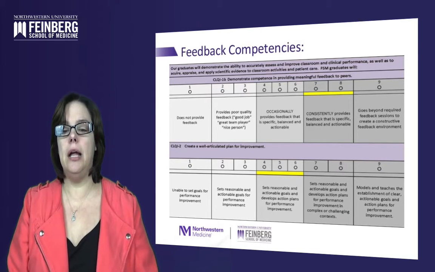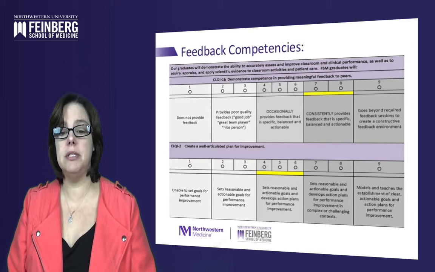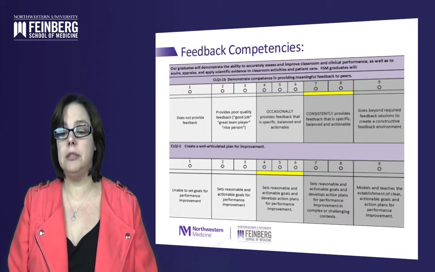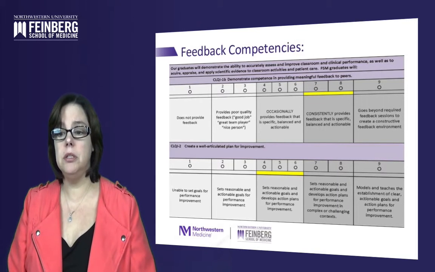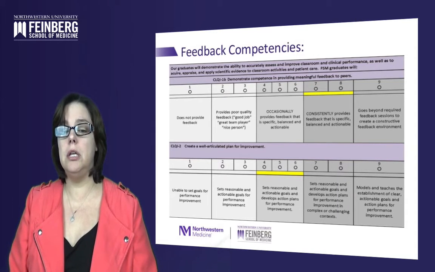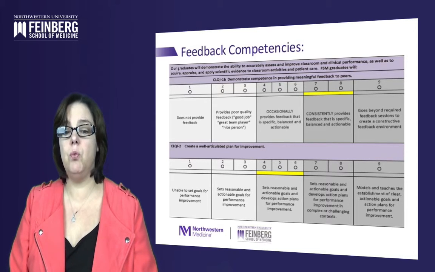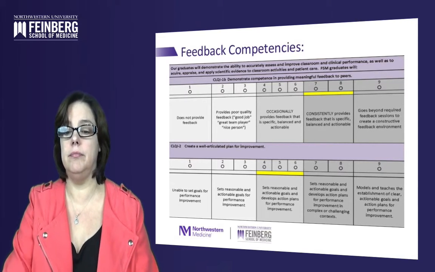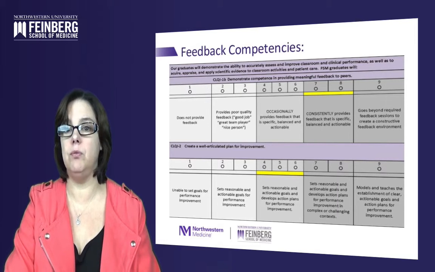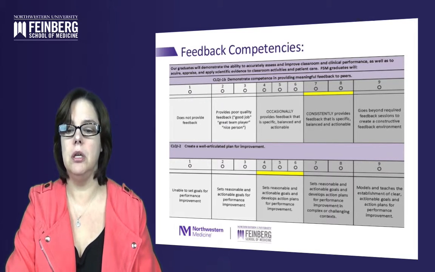Focus your rating on the descriptors, statements such as consistently provides feedback that is specific, balanced, and actionable. If your observation fits within this descriptor, you would decide whether the student should receive a 7 or an 8 based on how strongly they fit within that descriptor.